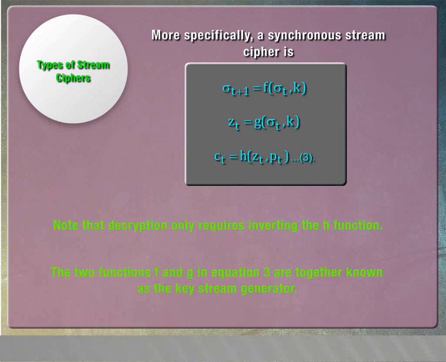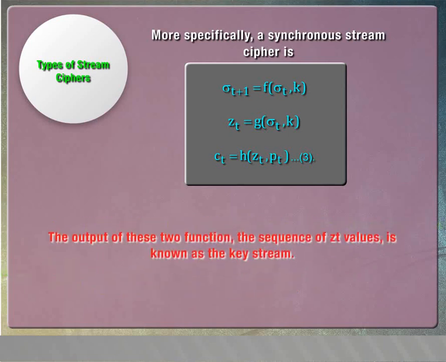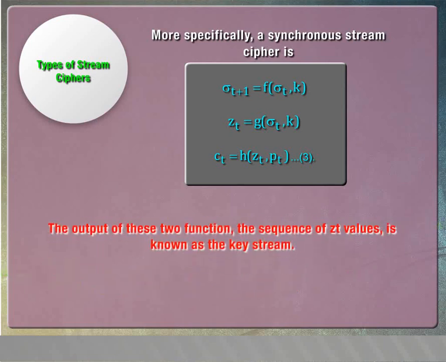Note that decryption only requires inverting the h function. The two functions f and g in equation 3 are together known as the key stream generator. The output of these two functions, the sequence of z(t) values, is known as the key stream.